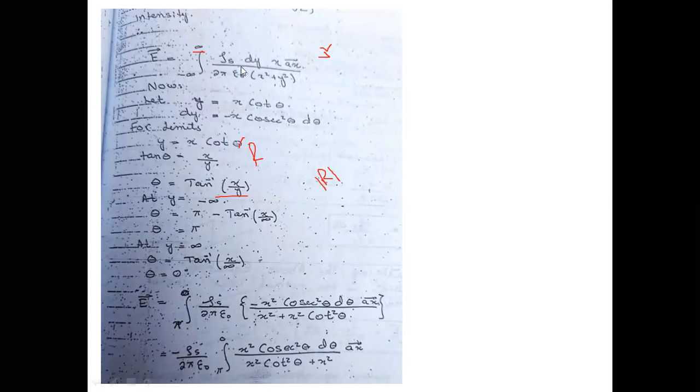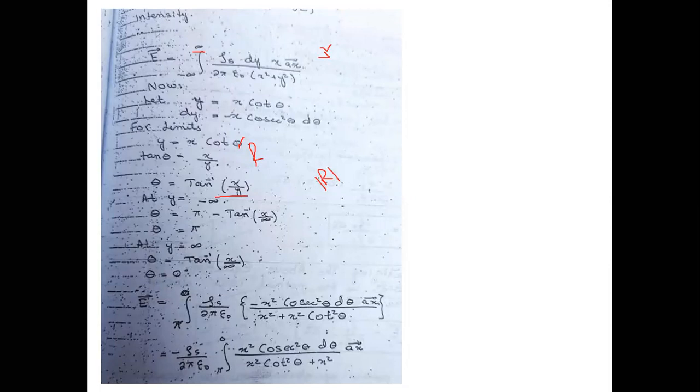So we have to transform this y in terms of theta, and then find the limits for theta, so that we get a finite value for e. Because by this way, if you find the integration, you will get an infinite value for e, which is not possible and not acceptable as well.